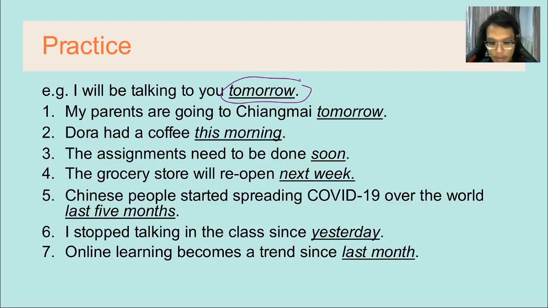For example, "I will be talking to you tomorrow." It doesn't tell me anything about the action in the future. So I'll just change the word here: "I'll be talking to you tomorrow after we have lunch."